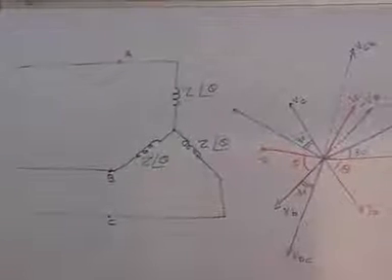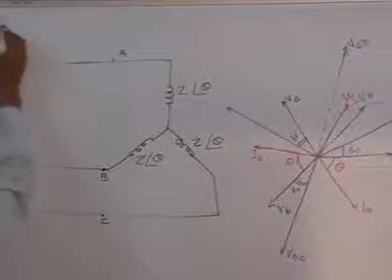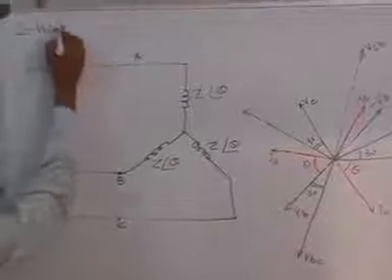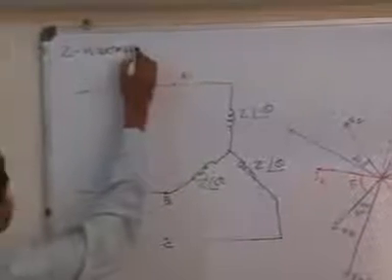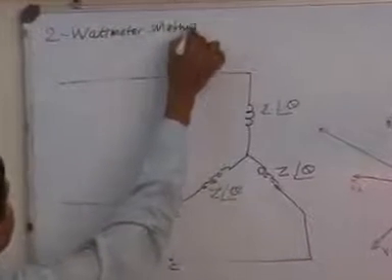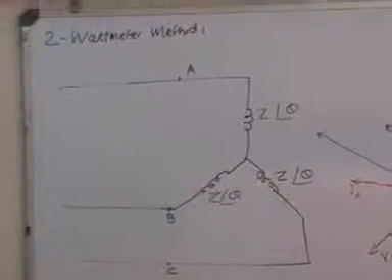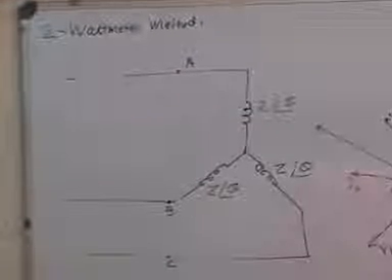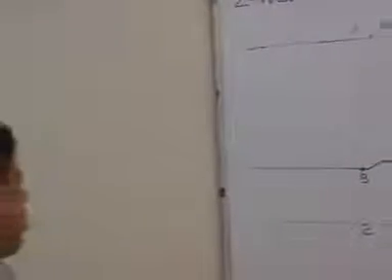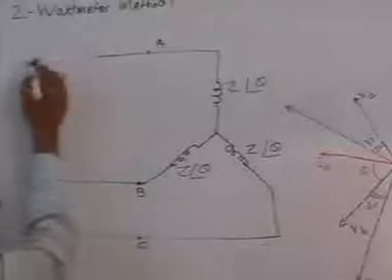Now what do I do? I'll connect two wattmeters. I'm sure you have studied the 2 wattmeter method. I'll connect 2 wattmeters and prove how you can find power with the help of the 2 wattmeter method. So you connect the first wattmeter here.